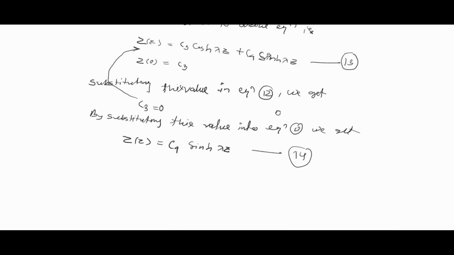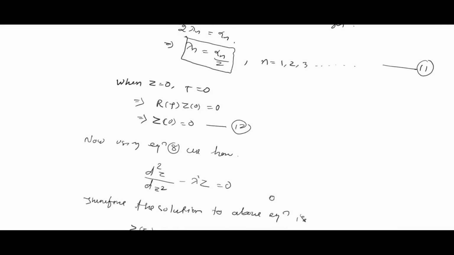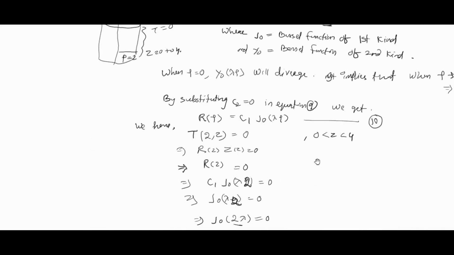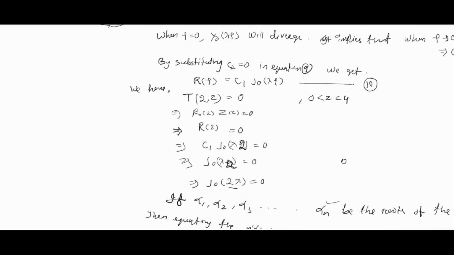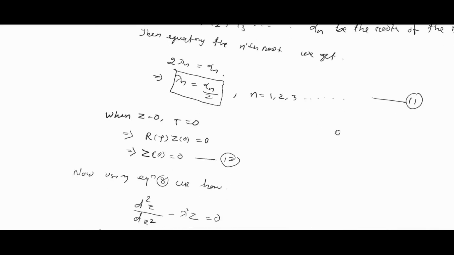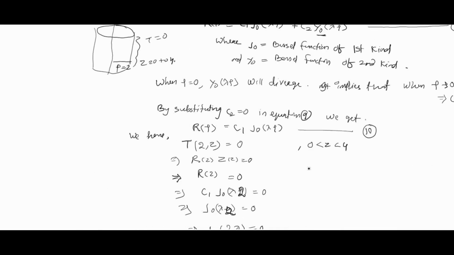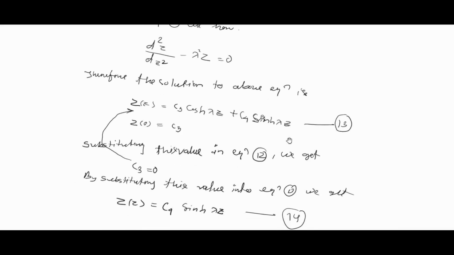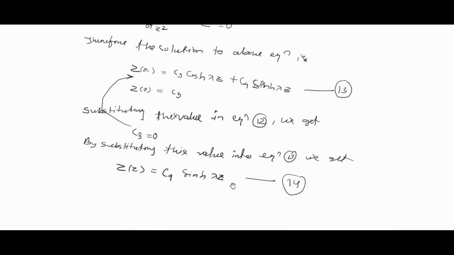Clear? So using equation number 10 and 14. What does equation number 10 tell? R rho is equal to C1 J0 lambda rho. And what is here? Z is equal to C4 sinh lambda z.